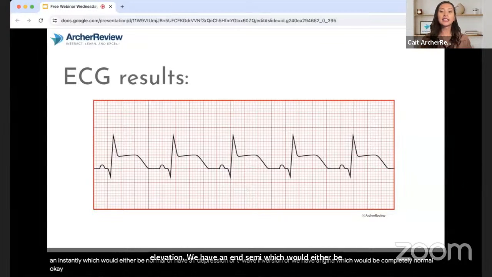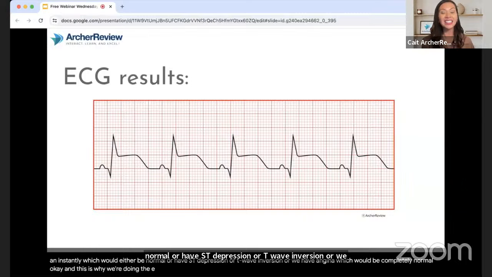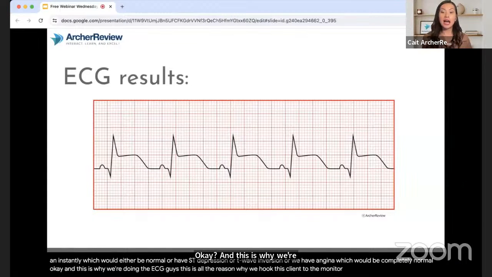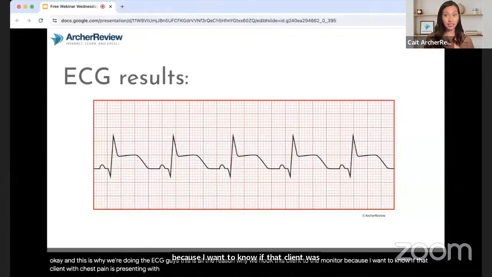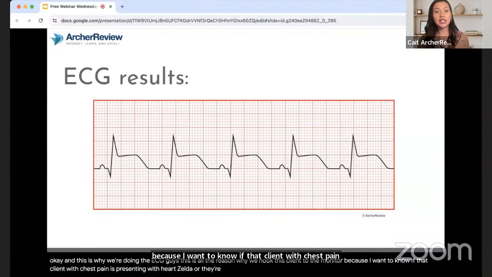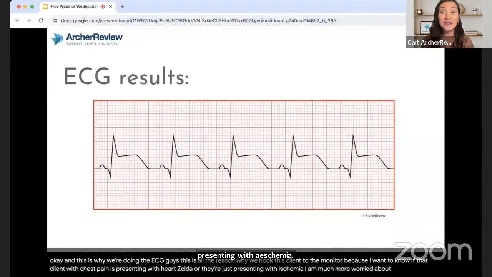Okay. And this is why we're doing the ECG, guys. This is all the reason why we hooked this client to the monitor, because I want to know if that client with chest pain is presenting with heart cell death or they're just presenting with ischemia. I am much more worried about that infarction.